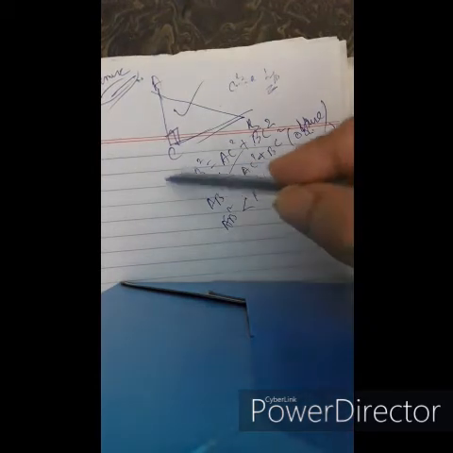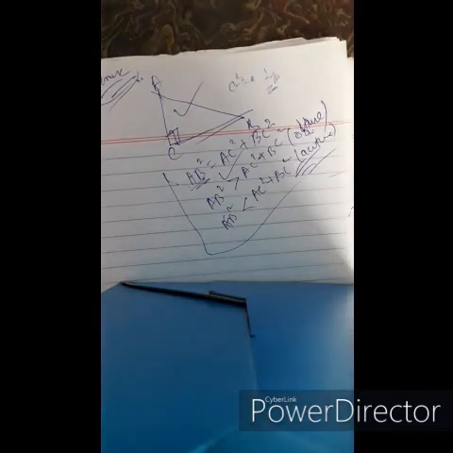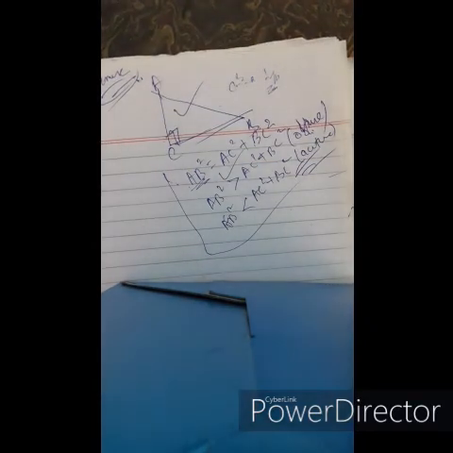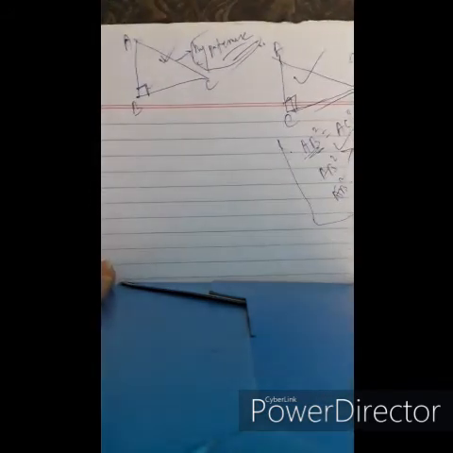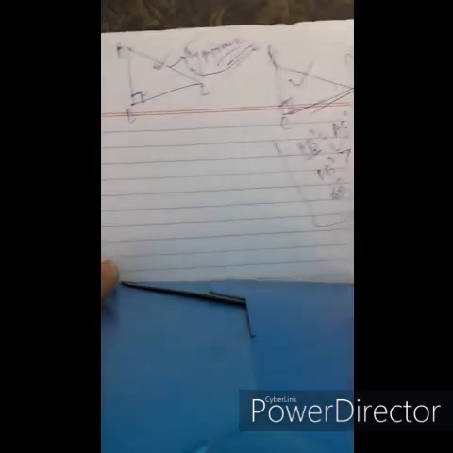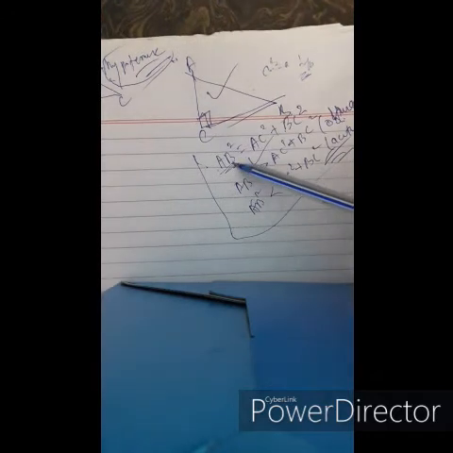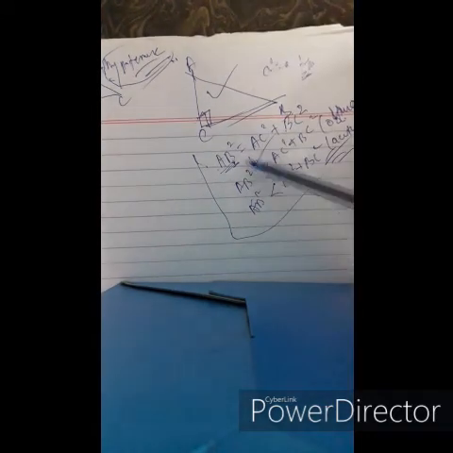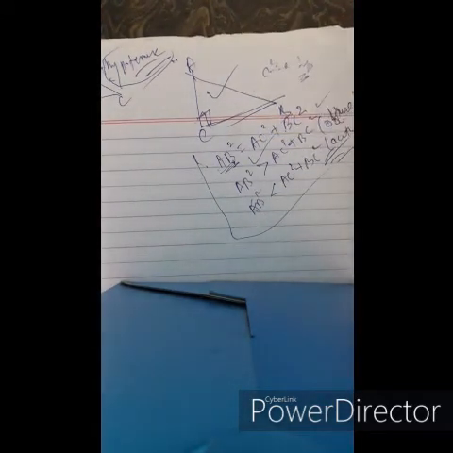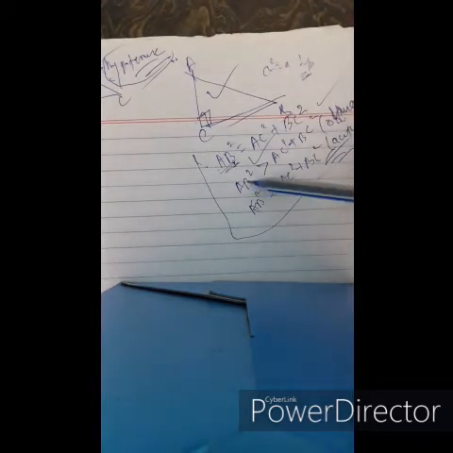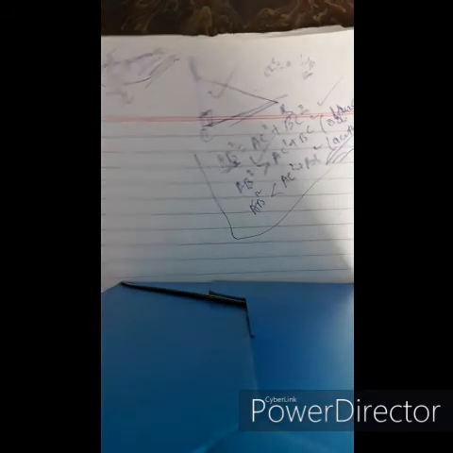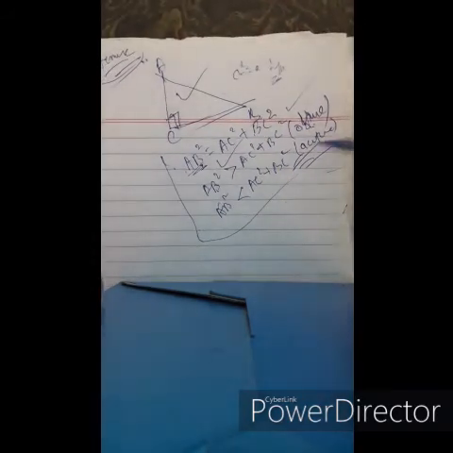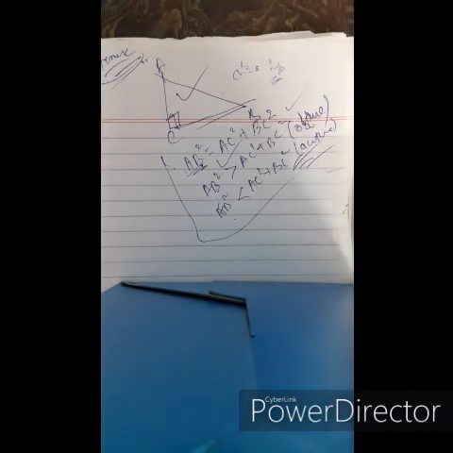So these points we have to remember. If the square of the largest side is equal to the square of the other two sides, the triangle is a right angle triangle. If it is greater, the triangle is obtuse, and if it is less, then the triangle is acute.